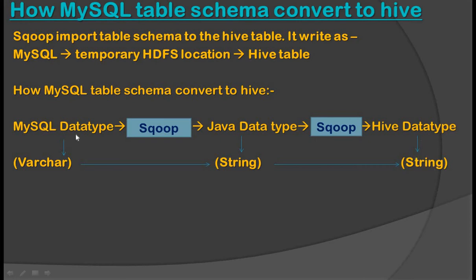As we know, Scoop is written in Java, and Scoop uses the MapReduce framework for importing the data, and the MapReduce framework is also written in Java. So when we import, if there is varchar, in Java there is no varchar, there is string, and in Hive it is string to string.